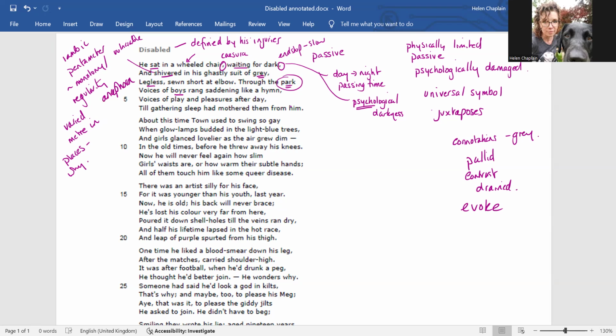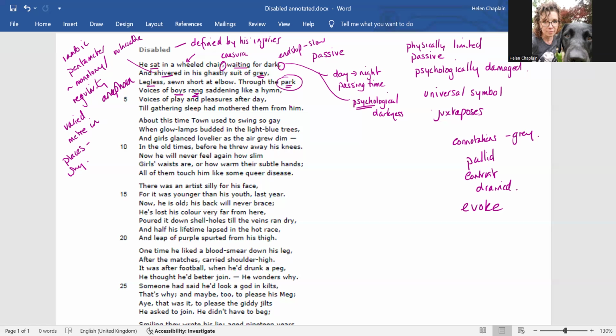We have the musicality and the celebration of rang, and then the contrast of saddening like a hymn. Okay, so it's got this beauty of the boys' voices, almost like a choir. The idea that all he can do is maybe pray to God about what he's lost.